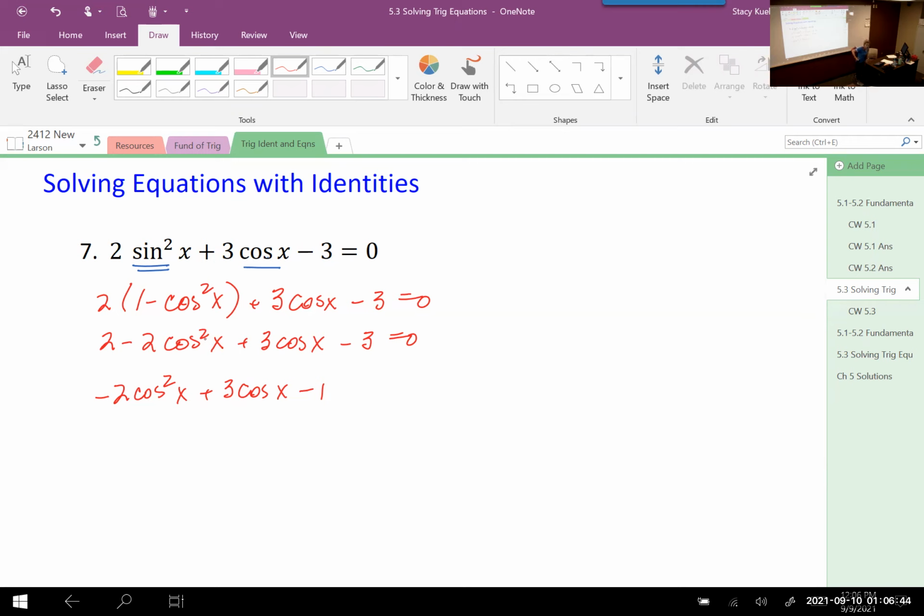What's the other thing that's important when you factor? What do you want that leading coefficient to be? Positive, always positive. So I'm going to multiply every term in there by a -1.